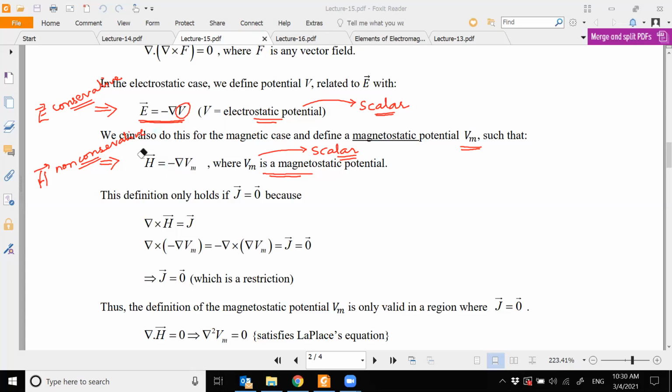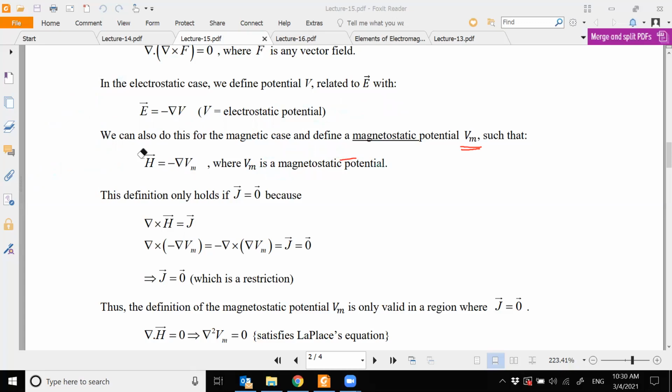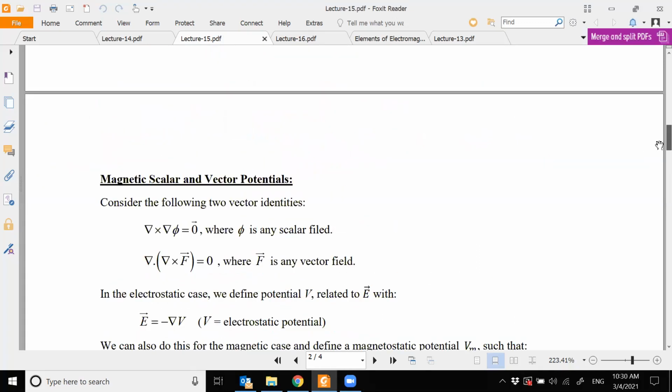Yes, guys, I know this is a little bit theoretical, and the next 20 minutes is all theoretical part. But let's try to understand and enjoy why we are doing all these things. I just showed the identity: del cross of del of a scalar is 0.